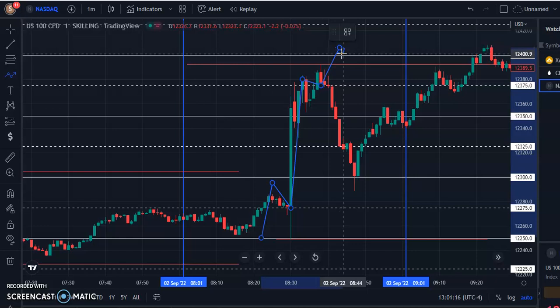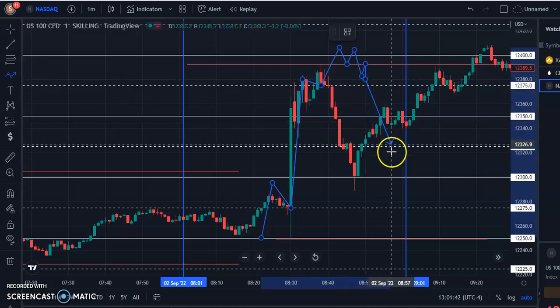Then I'm expecting an M pattern like that, and then a break of structure. Then when we retest, after the retest I am looking for an engulfment. That is my entry for my move down.